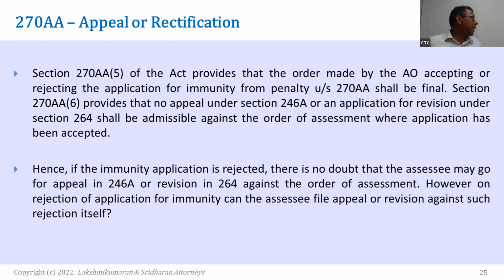But there are certain conditions attached to it. First is you should not file an appeal. Second is that the penalty proceedings should not have been initiated for misreporting of income. You can compound under 270AA only the proceedings that have been initiated for underreporting of income.